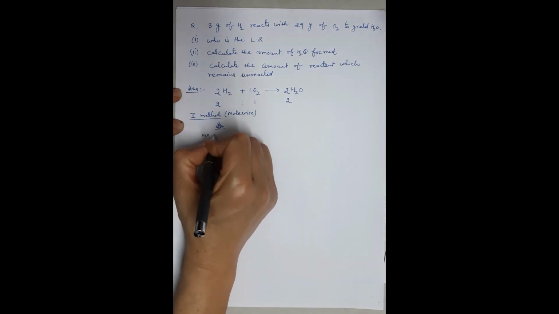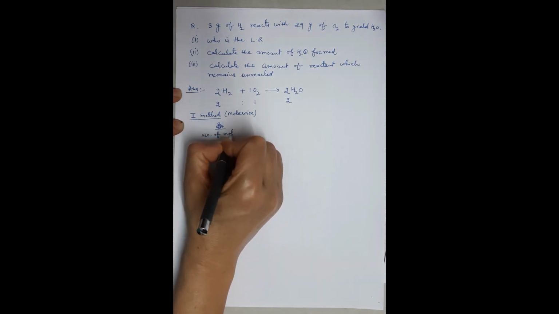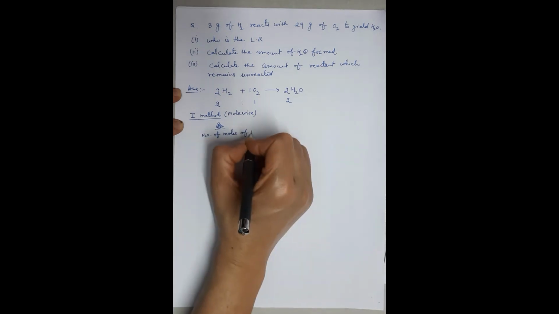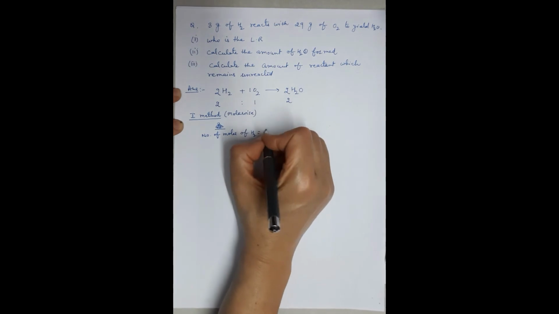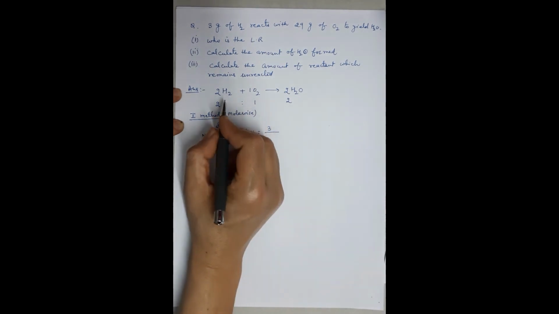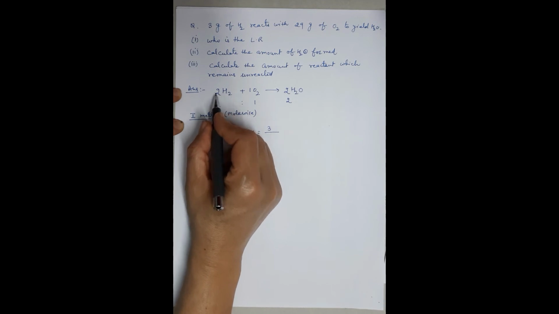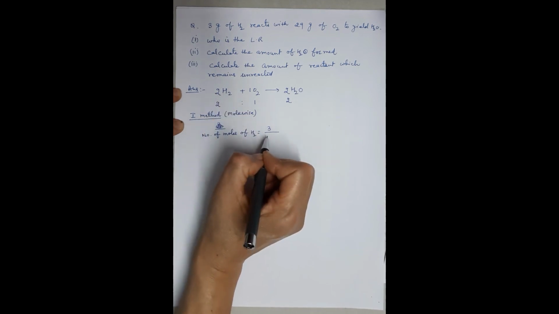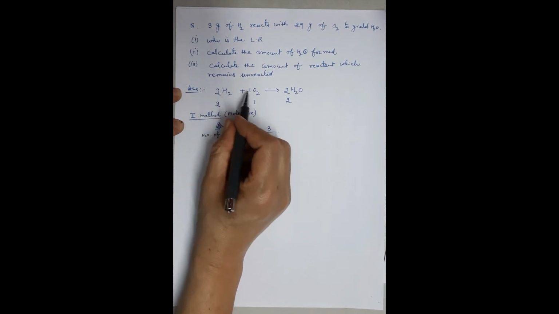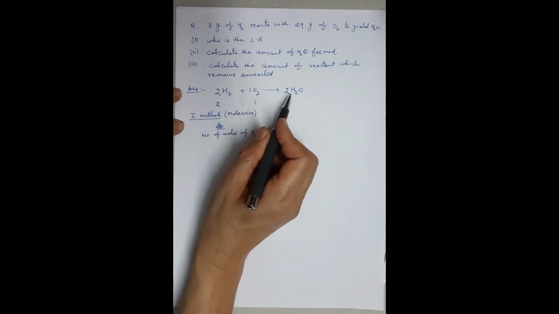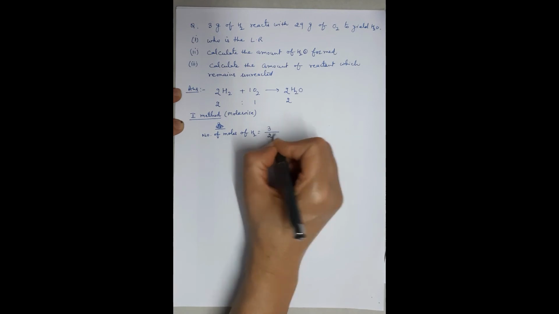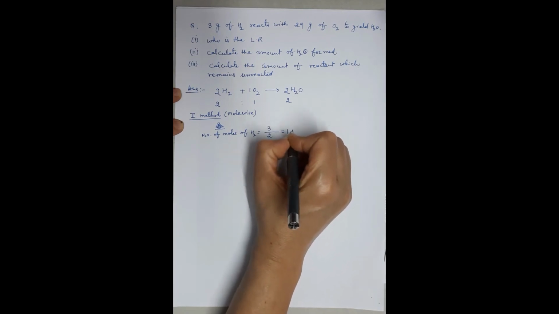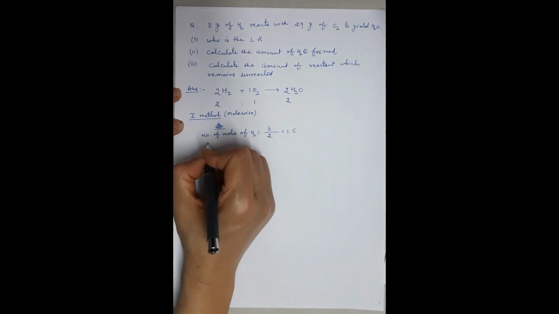Number of moles of hydrogen is given mass divided by molar mass. Given mass is 3, molar mass of H2 is 2 gram. Don't divide it by 4 because that is according to the balanced chemical equation; otherwise the molar mass of H2 is 2. It comes out to be 1.5 moles of H2.